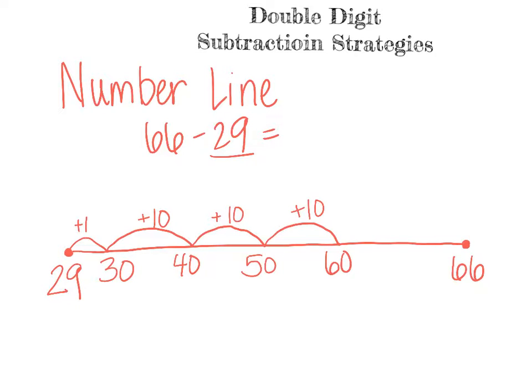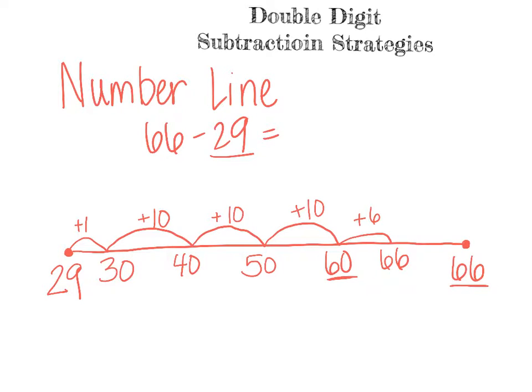Now I need to jump from 60 to 66. I know that I can go 6 from 60 to 66, so I'm going to go plus 6. That will get me to 66.